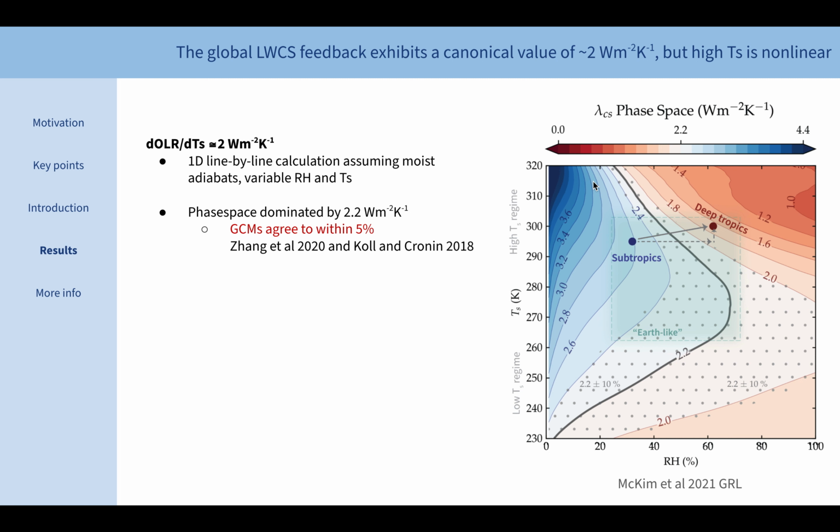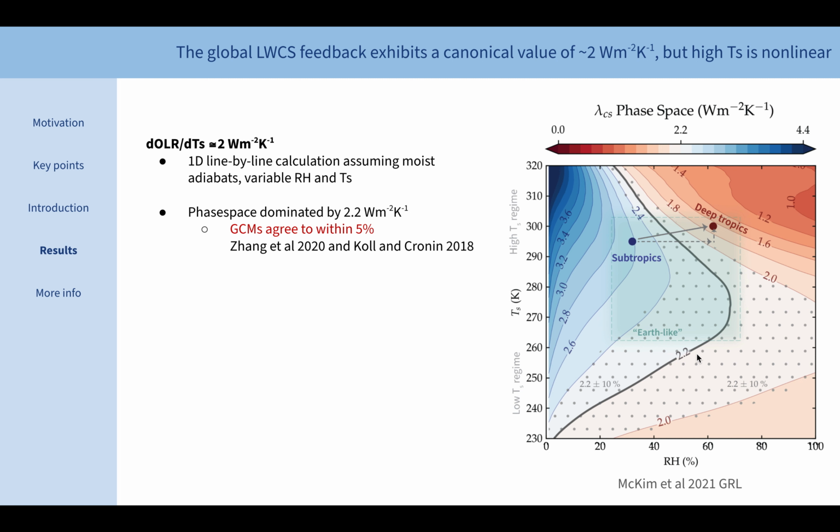The first thing we'll note from this plot is just how much this 2.2 contour seems to dominate. In the lower half of this plot, this contour represents the largest area. What that means is that if you were to change your surface temperature or relative humidity in this region, your feedback would stay roughly the same.